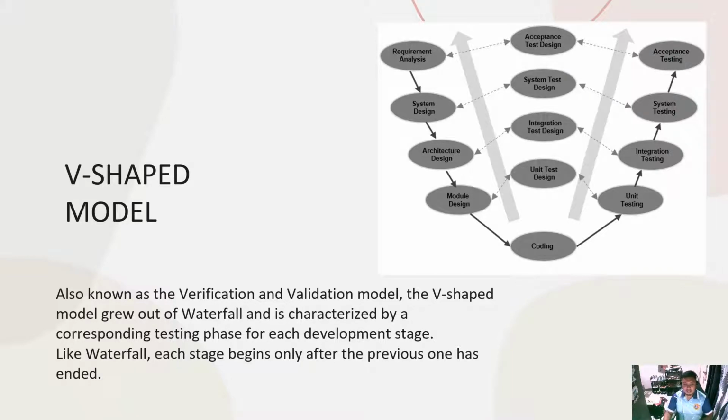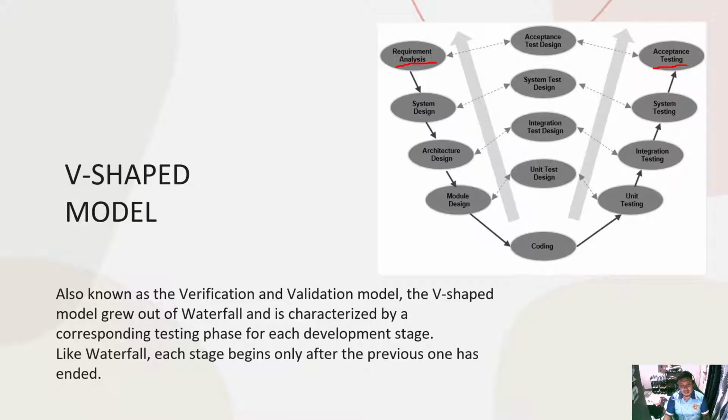For example, in the V-shape, first in the requirements analysis, there will be a verification, which is the acceptance testing.